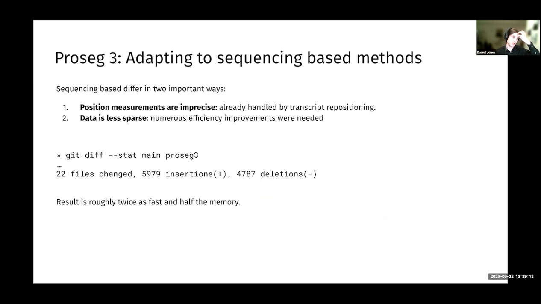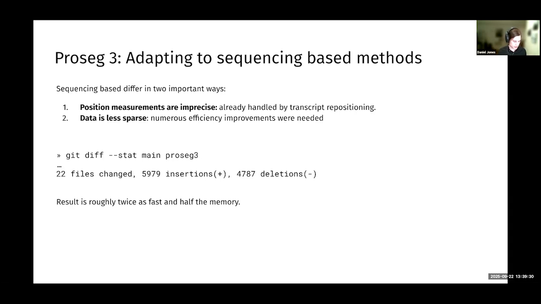And then the more recent development is what I've called Proseg 3, which was trying to adapt the same model, which so far has been entirely image-based spatial transcriptomics platforms, to sequencing-based platforms, which there are a few of.